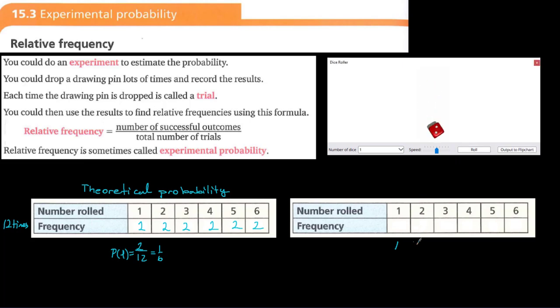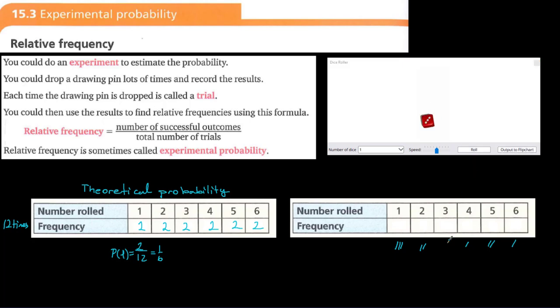Second time I'm rolling and it gets 2. The third time I'm rolling it gets 5. Fourth, 4. Fifth, 1 again. 6th, 5 again. 7th, 2 again. 1 again, this is the 8th time. 9th, 6.